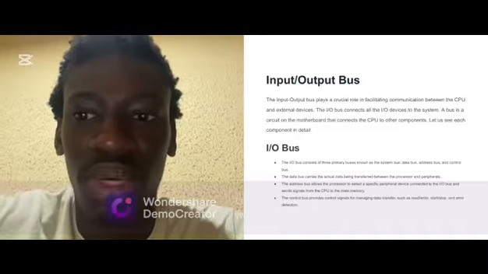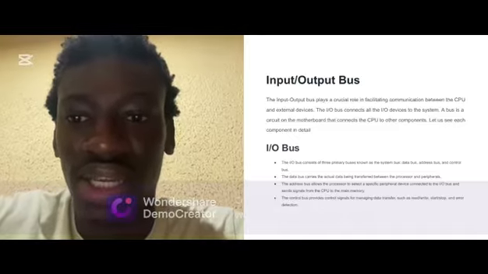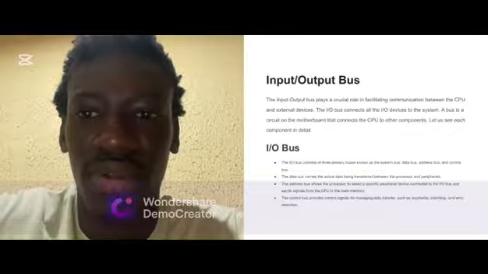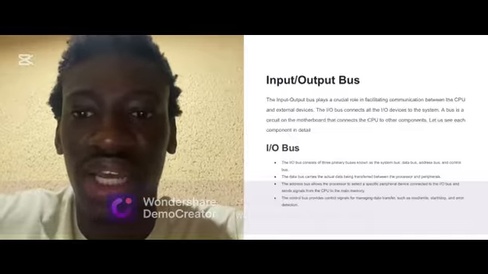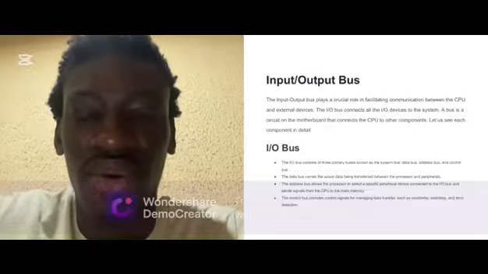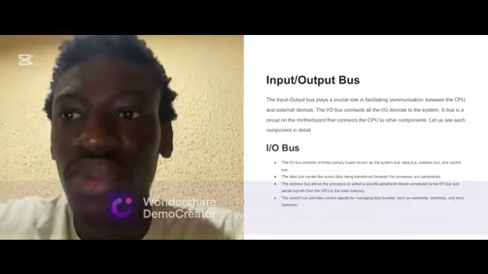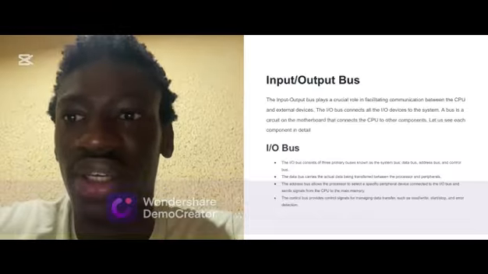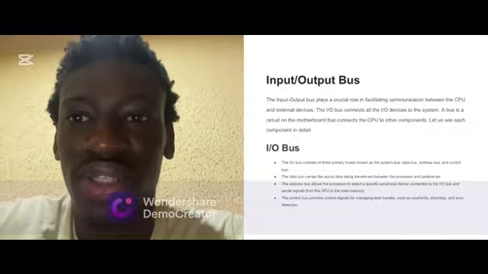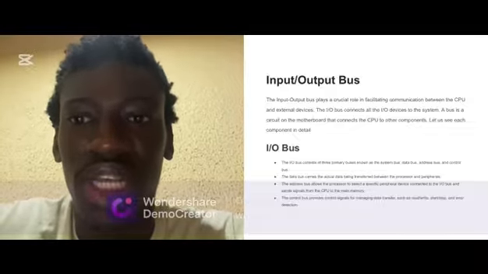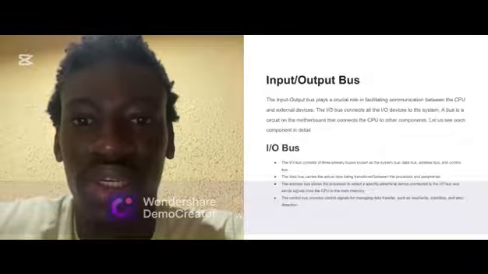And the control bus provides signals for managing data transfer, such as read or write, start or stop, and error detection. So with that being said, the bus connects all devices to the system. That's the main purpose of the input and output bus.